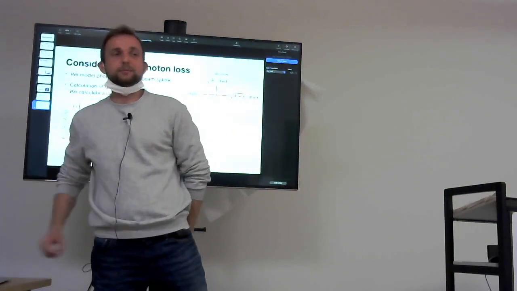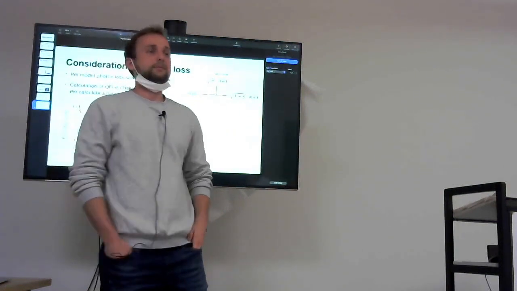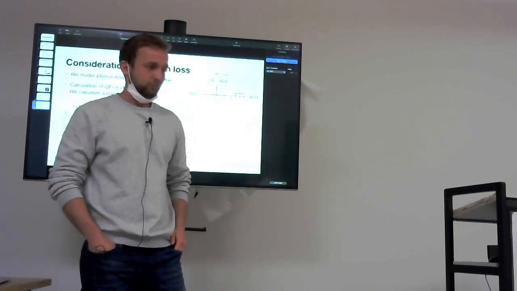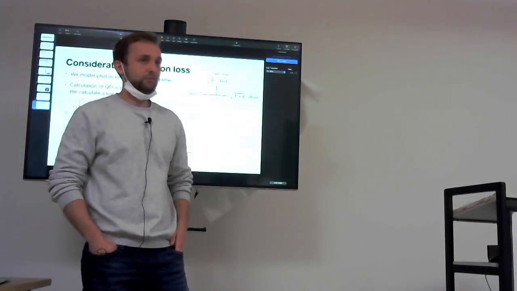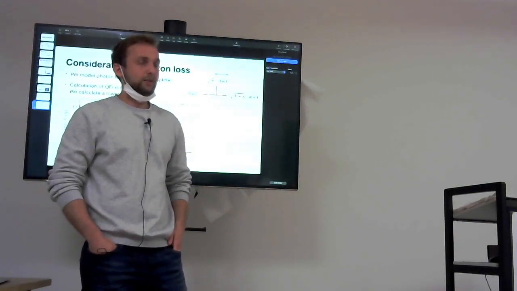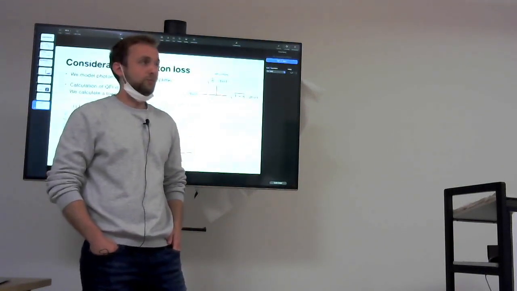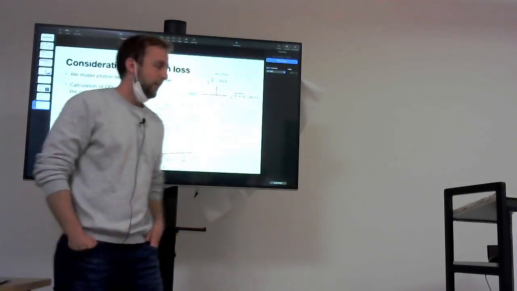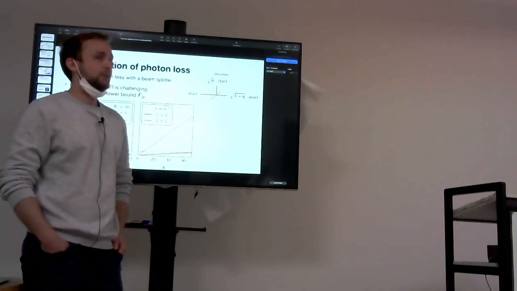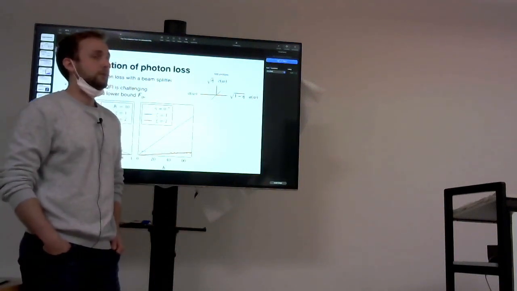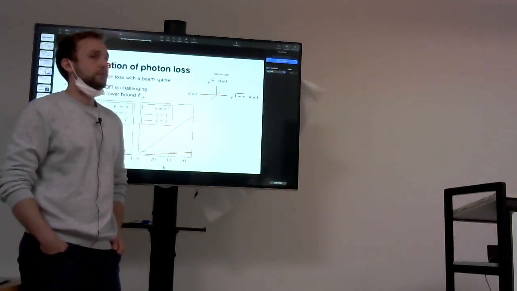Quick question. Did you assume a beam splitter where you regulated the transmittivity for the low photon? Yeah, what do you mean with regulate the transmission? So this is on paper, but you're not using a 50-50 beam splitter.